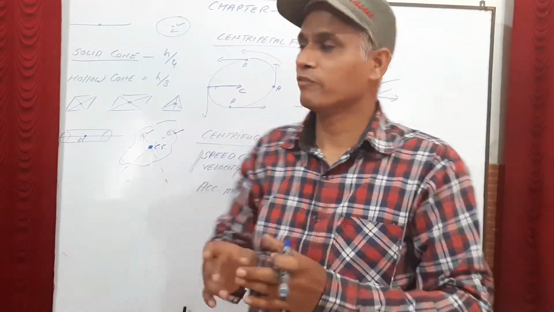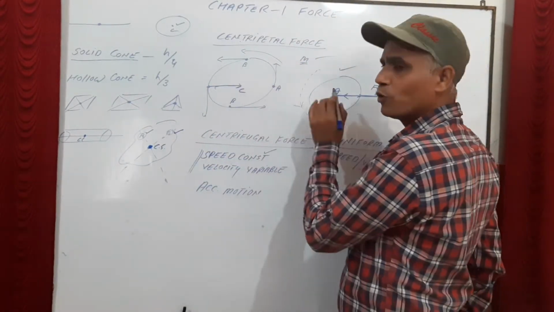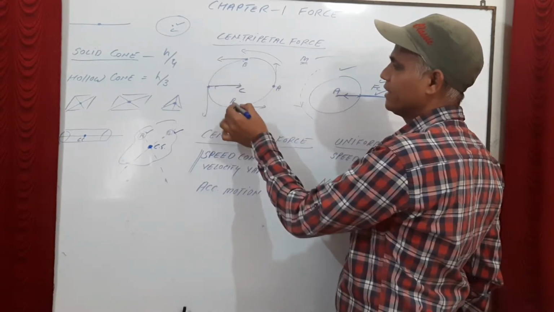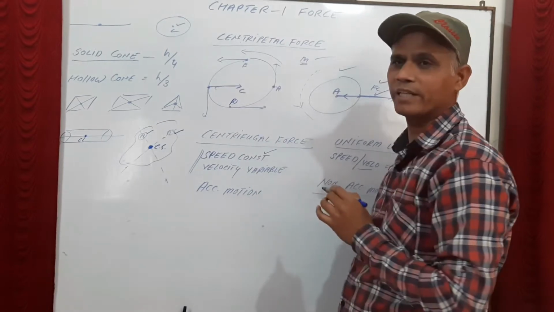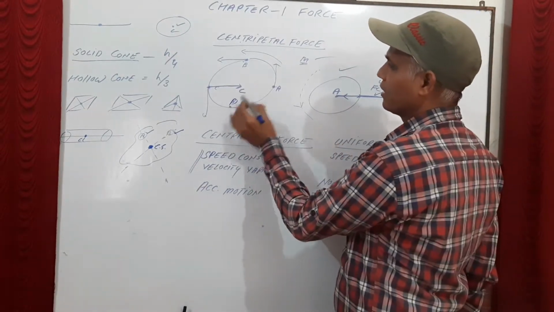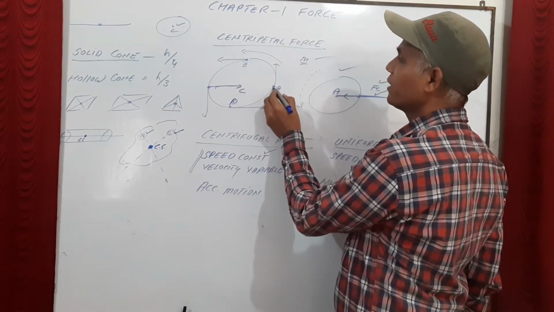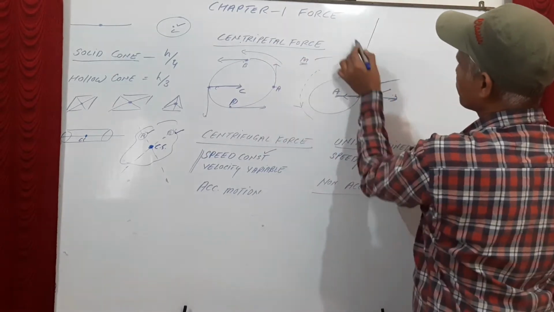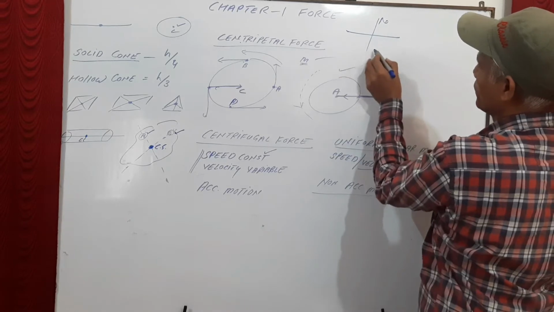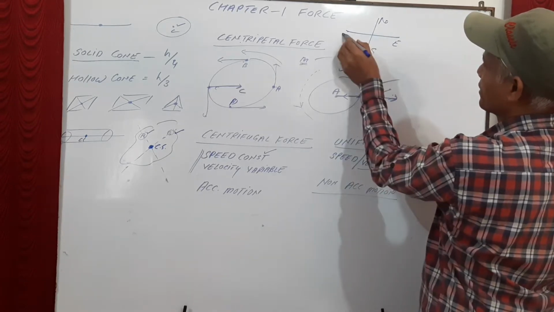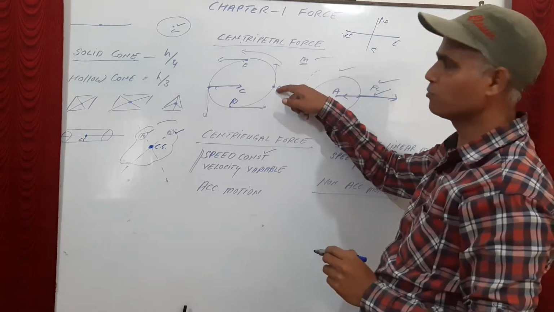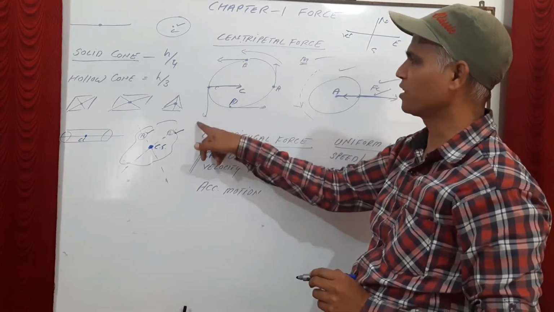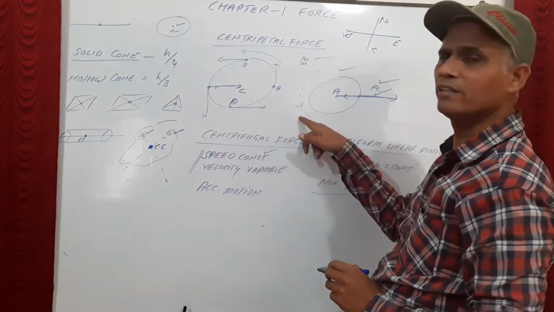How? Because if I draw 4 points on the circle, A, B, C, D, which I have just drawn over here, then you can see at point A, the body is moving in the upward direction. If I just draw north, south, east and west, then at A it is moving toward north, at B it is moving toward west, at C it is moving toward south, at D it is moving toward east.